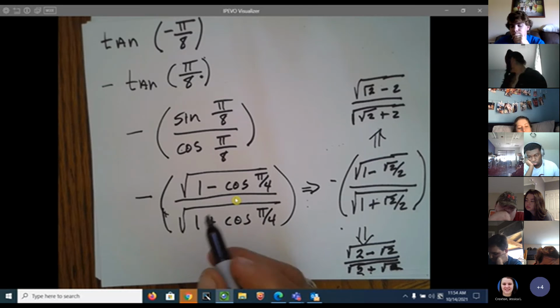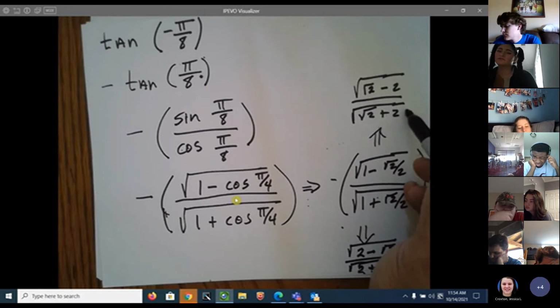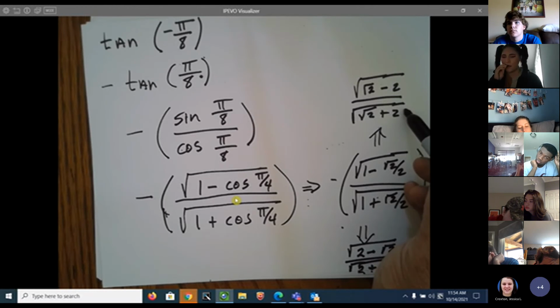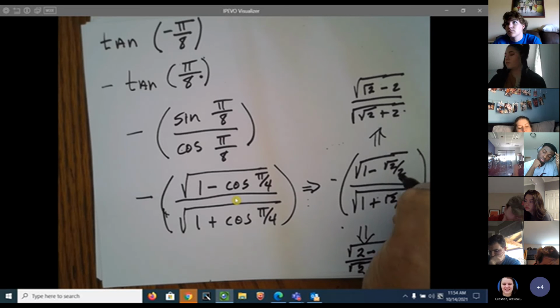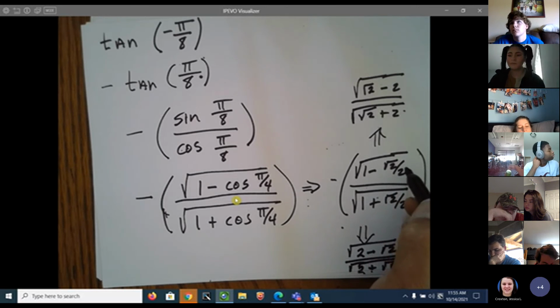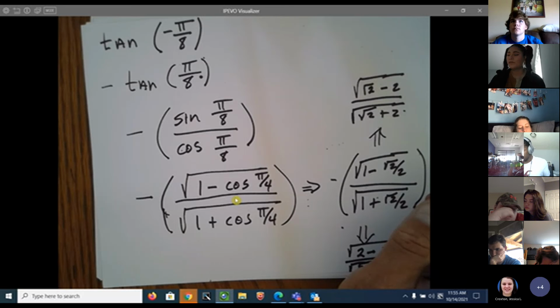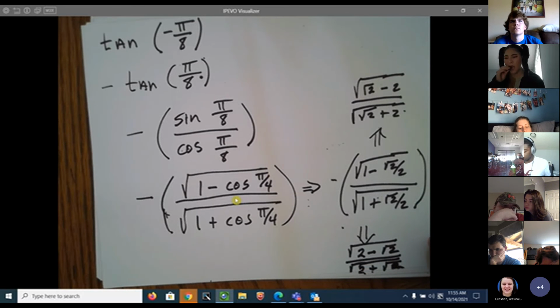So if I take the conjugate, that's going to be the square root of 2 minus 1. Hold on just a second.